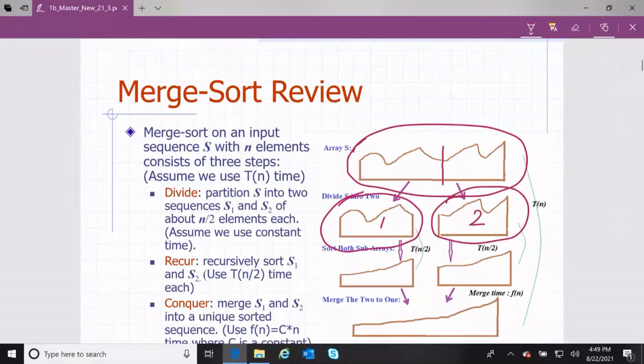After we got two parts, we want to sort the first part, then sort the second part. After that, we do the merge.